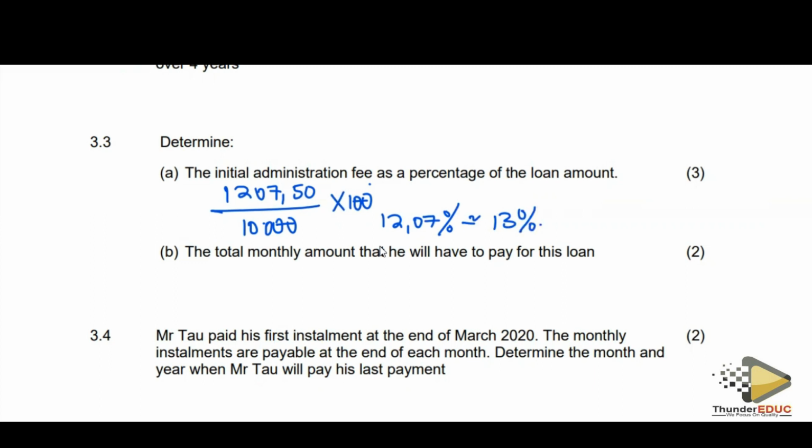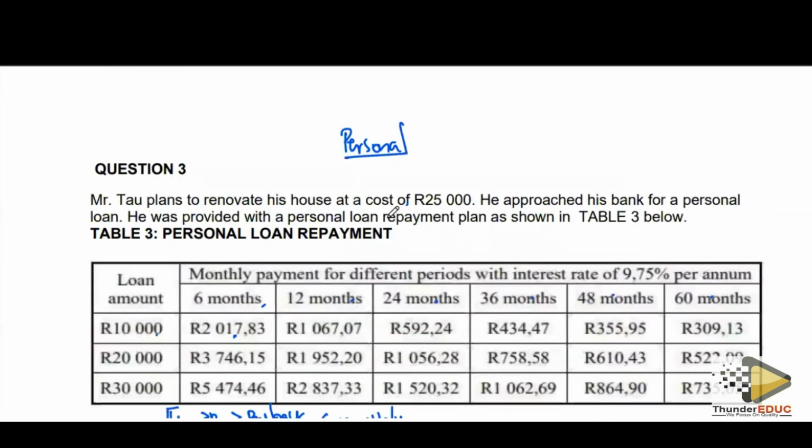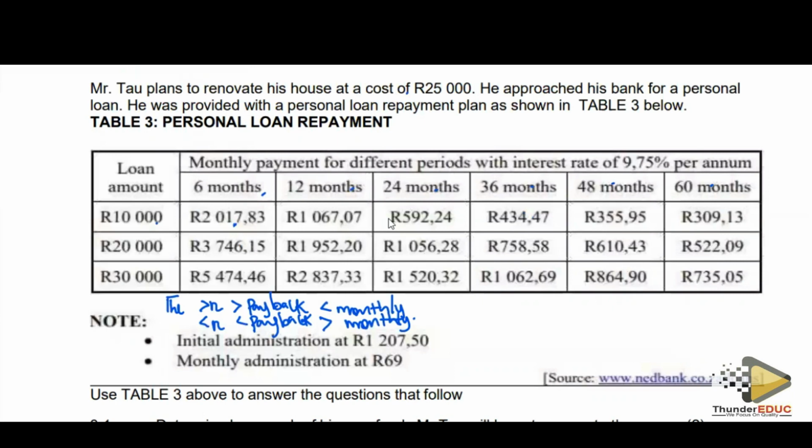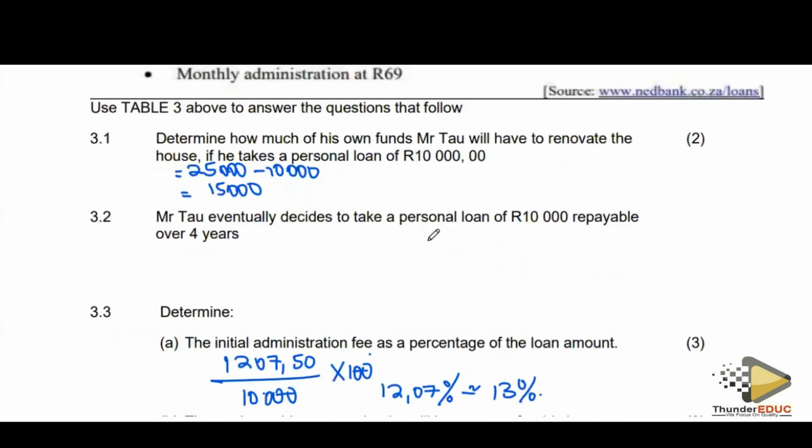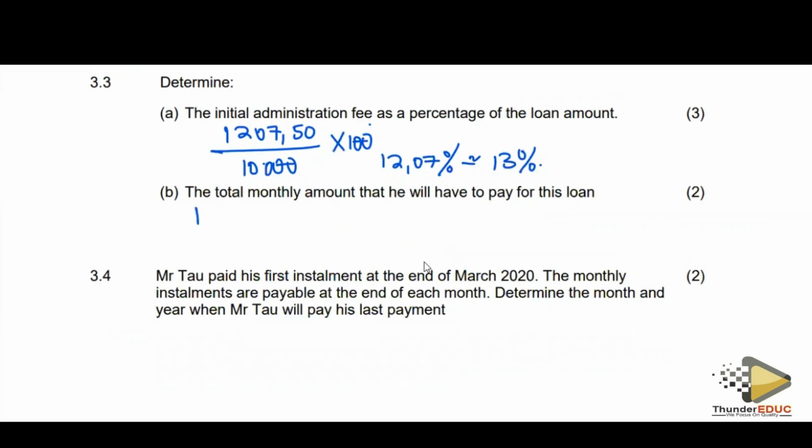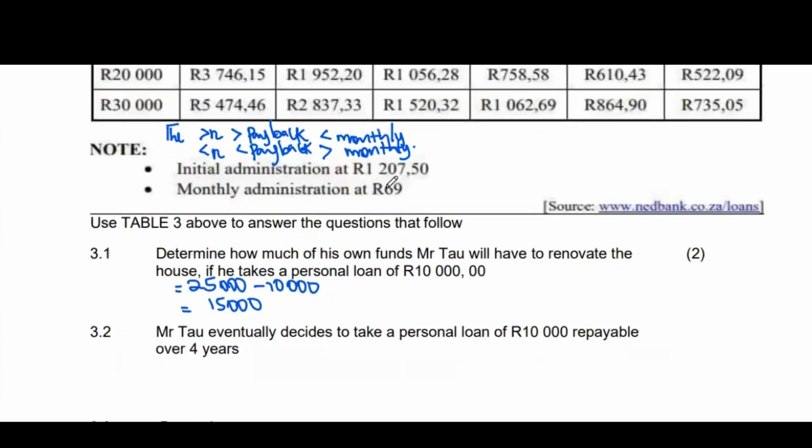The monthly amount that he will have to pay for this loan: let's go back to the table. So for 4 years, taking 10,000, this is the monthly amount: 355 rands 95 cents. So the total monthly admin fee of 69.